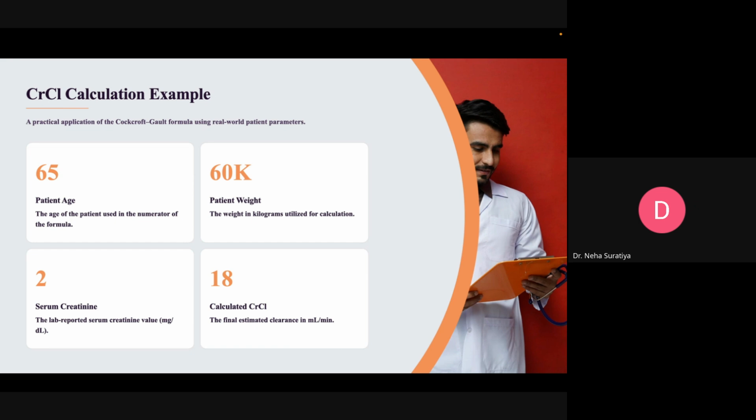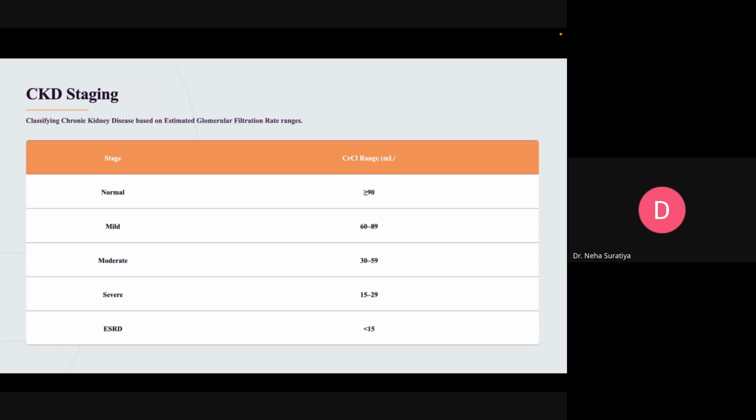Now let me give you an idea about CKD staging, guys, based on the creatinine clearance you are getting. This is very simple. CKD staging helps us predict disease progression, guides the drug dosing, and decides the monitoring frequency, right?